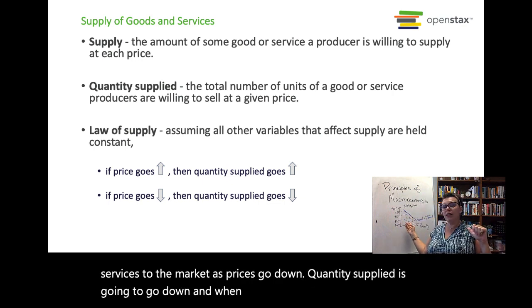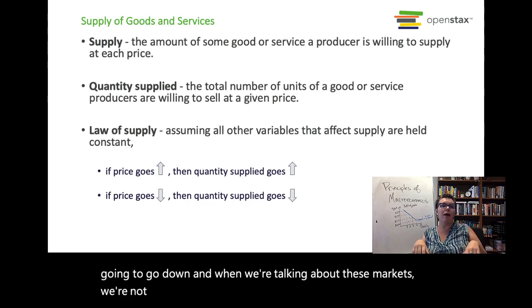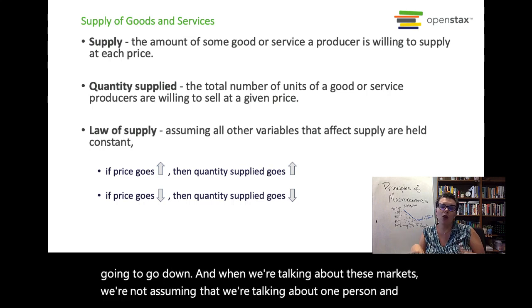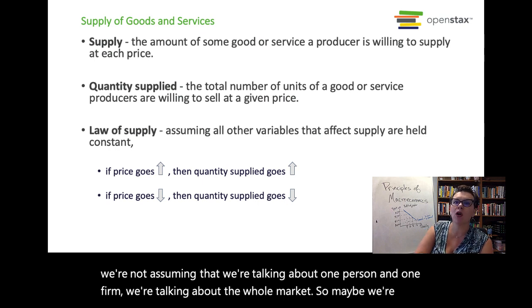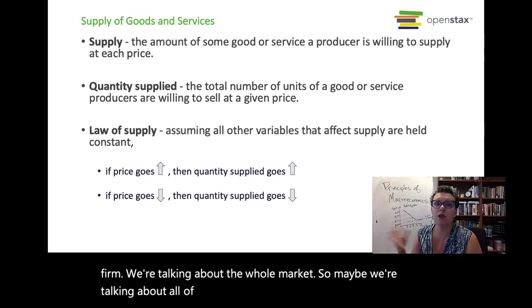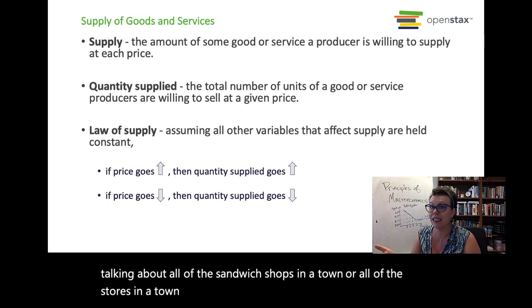When we're talking about these markets, we're not talking about one person and one firm. We're talking about the whole market. Maybe we're talking about all of the sandwich shops in a town, or all of the stores in a town, a city, a state, or a country.